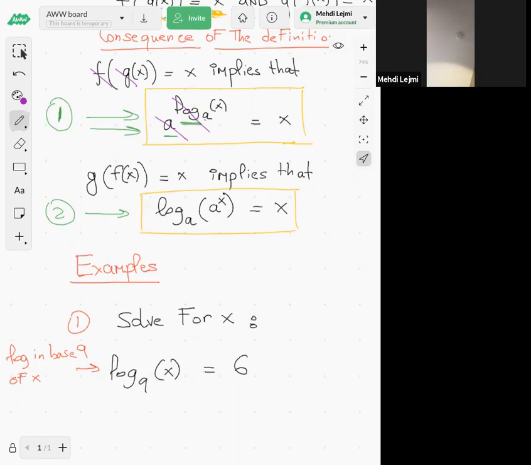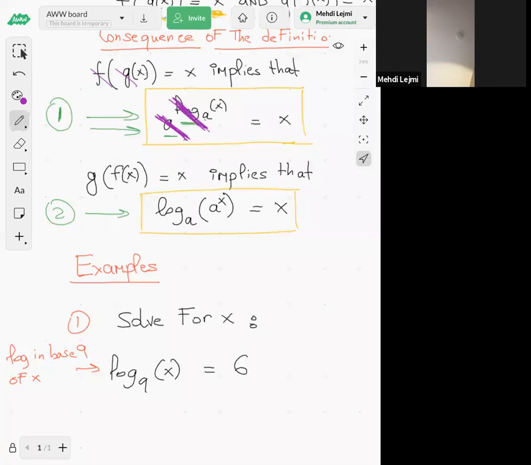So if you have an equation with the log and you want to solve for x, the way to get rid of the log is to apply the exponential, because the exponential and the log will cancel out. Like here, this a is the exponential, and together with this log, they would cancel out and you're going to get your x.